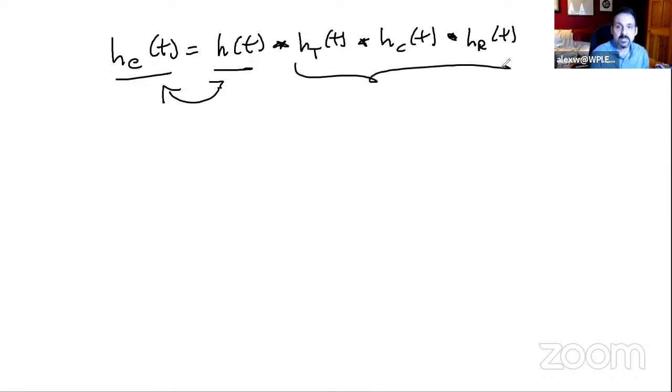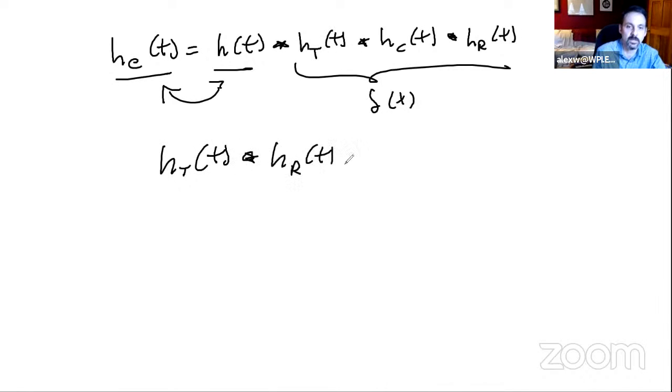So what must all three be equal to? Delta, right? So in this case, H_T of t convolved with H_R of t must somehow invert H_C of t, okay?